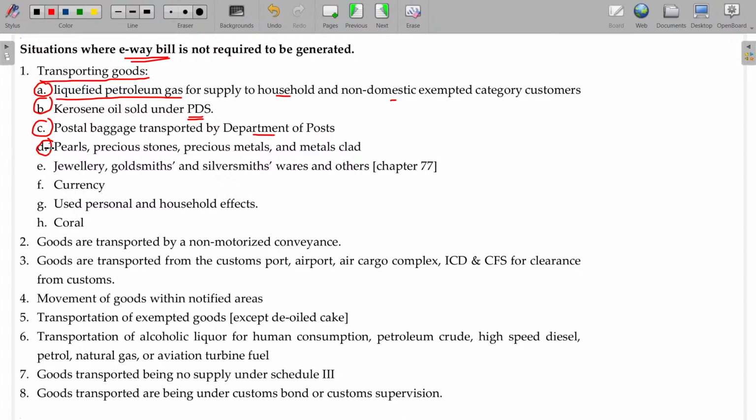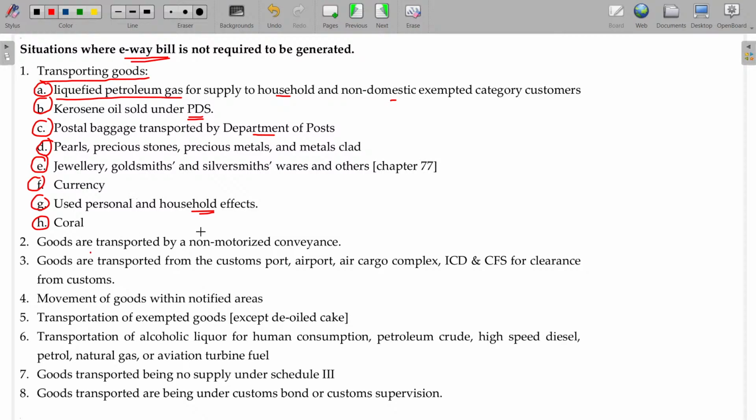Pearls, precious stones, precious metals and metal-clad jewelry, goldsmiths' and silversmiths' wares of their own materials, and currency. Personal household effects: you can transfer your house property from one location to another using a lorry, of course not required. Coral also not required.